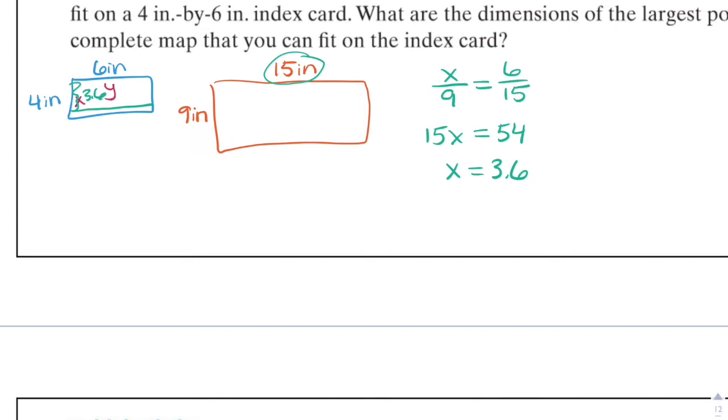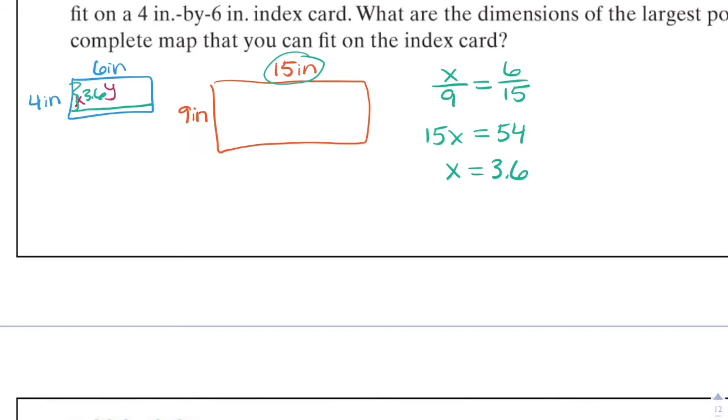right? So think about 15 divided by 2.5. Yeah, so 15 divided by 2.5 is 6. So 9 divided by 2.5 is 3.6.